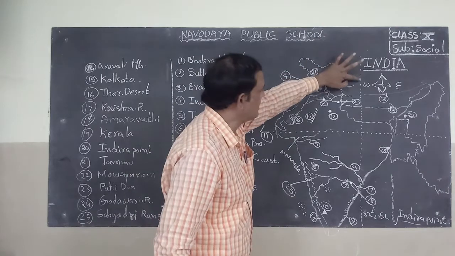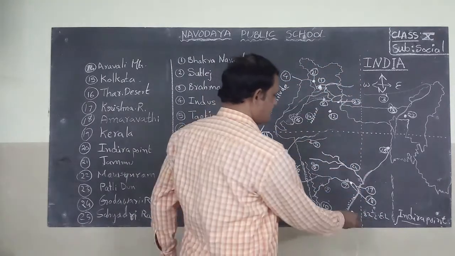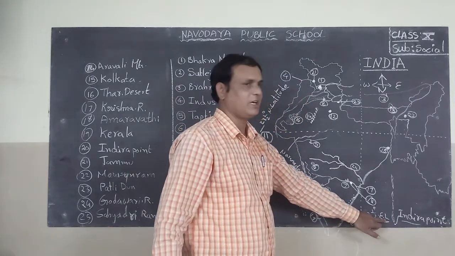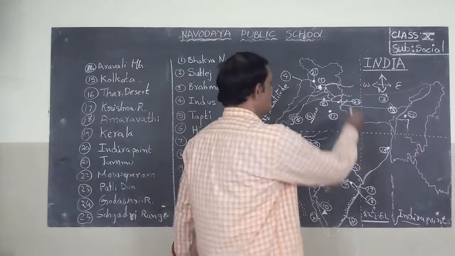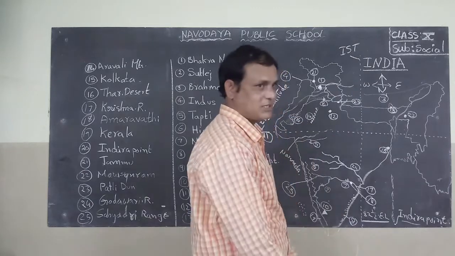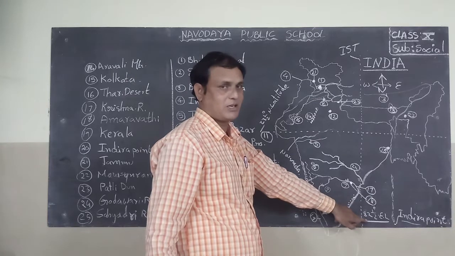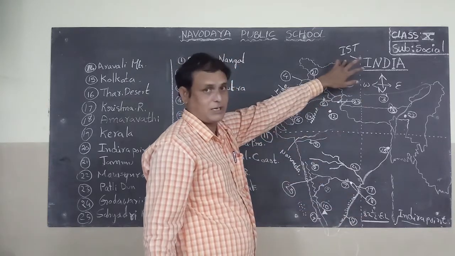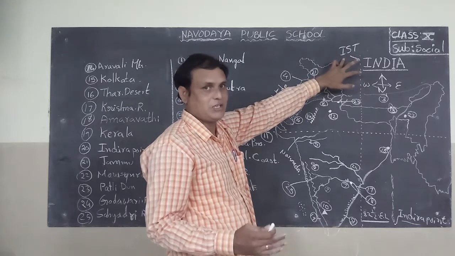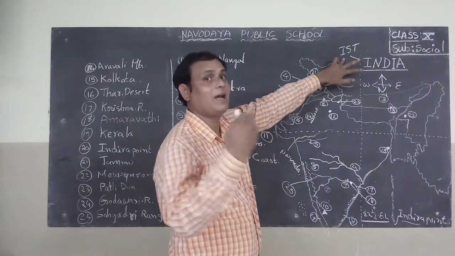I drew another longitude. This longitude is called 82.5 degree east longitude. It is our Indian Standard Meridian Time, IST. So we took this 82.5 degree east longitude as our IST. From Greenwich longitude, the time difference is 5.5 hours ahead.